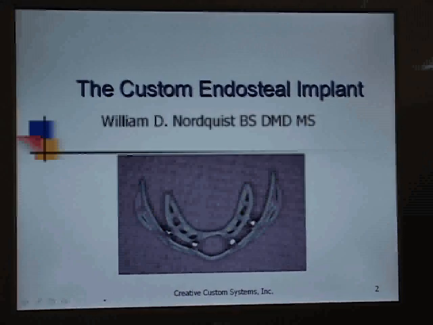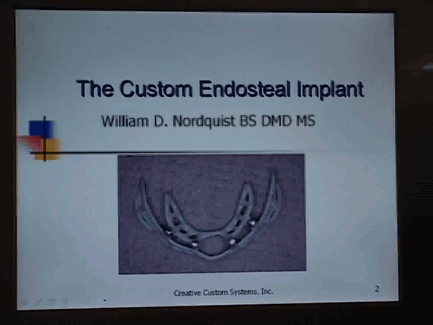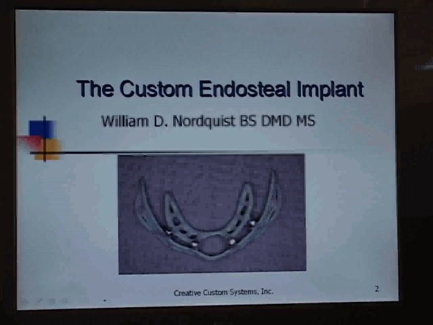This implant is actually placed and then augmented with synthetic bone along with PRP that promotes bone growth in and around this implant, so that it becomes fully embedded into the bone and becomes an endosteal implant rather than a subperiosteal implant. Therefore, we looked for a term that would more accurately describe this, and the custom endosteal implant seemed appropriate.